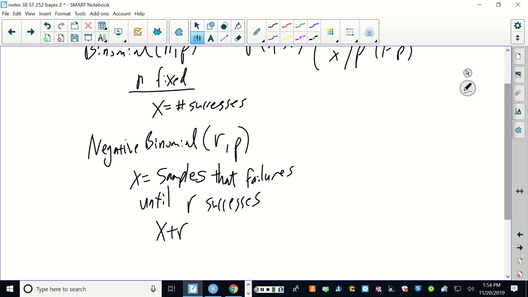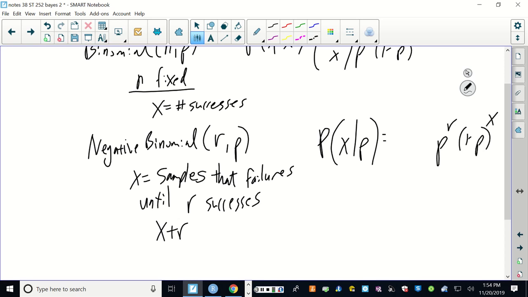The probability for x in this case, well, there's a p to the r, 1 minus p to the x over here, and then there's a combinatorics term, x plus r choose x, and then cases like minus 1.